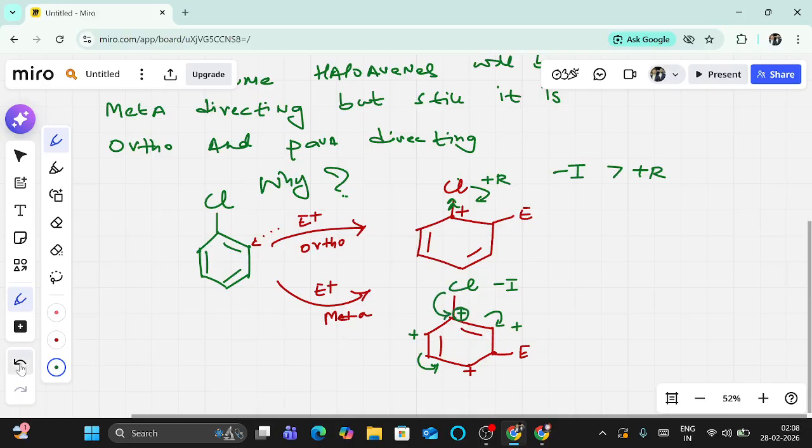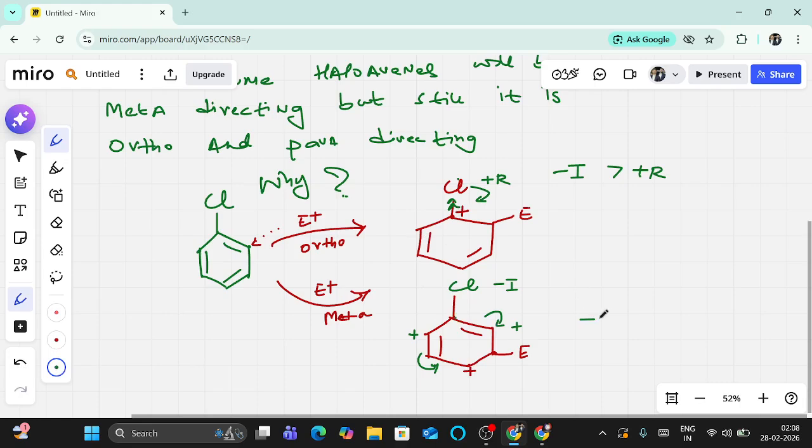But since there is no plus charge here, the benefit of plus R is gone. Plus R will happen, but the problem is the plus charge goes here, here, and here. It's not here, unlike the above case.